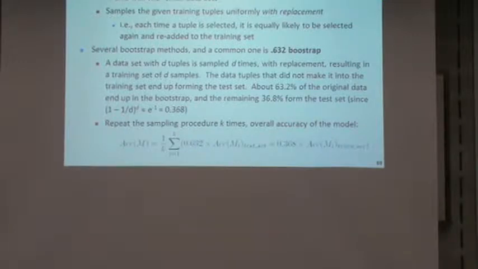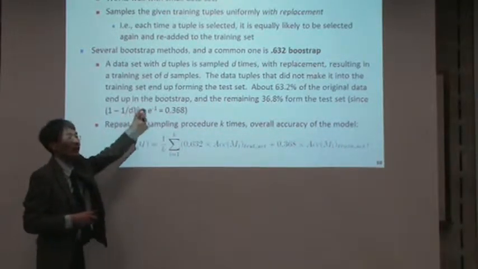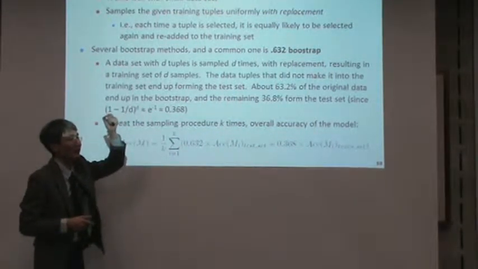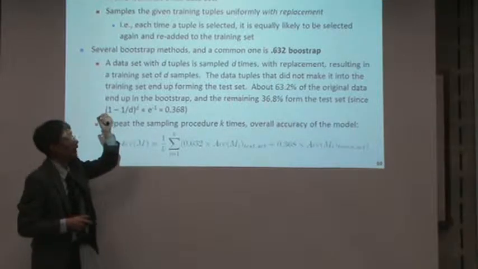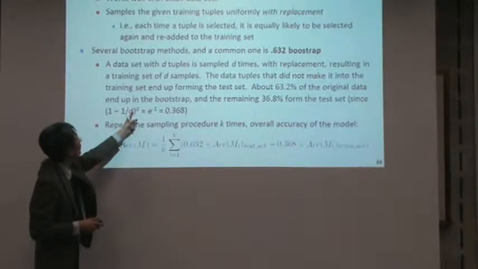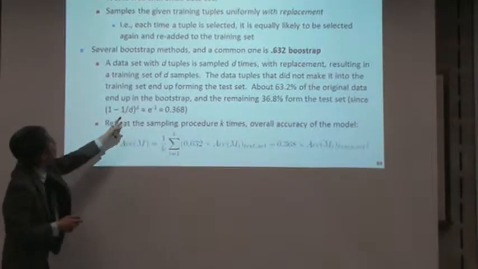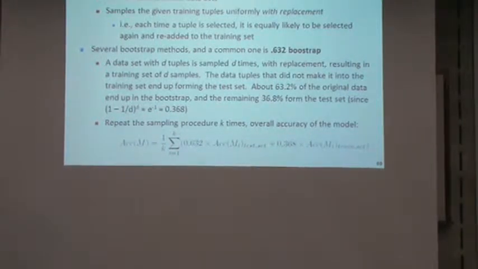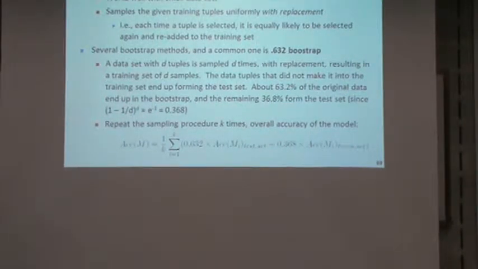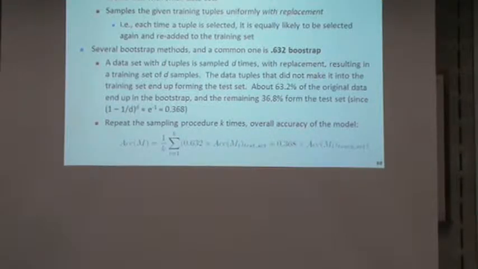We have the data set D. First we select one of the data tuples and test it. Then next, the data tuples that did not make it into the training set end up forming the test set.